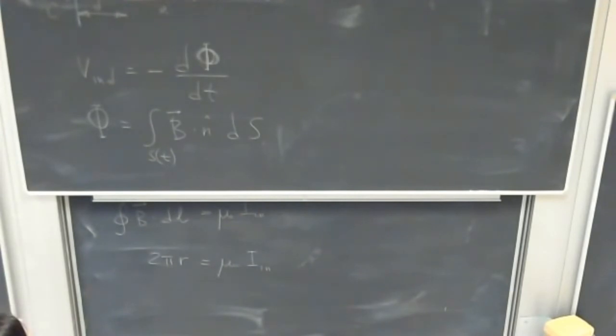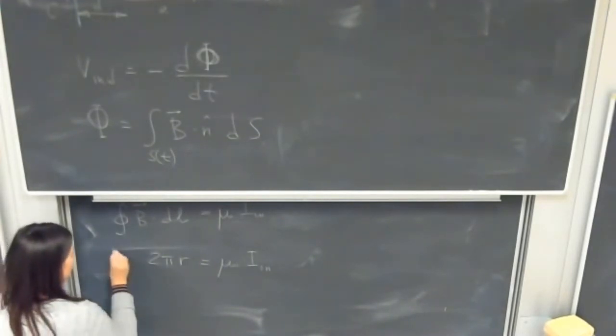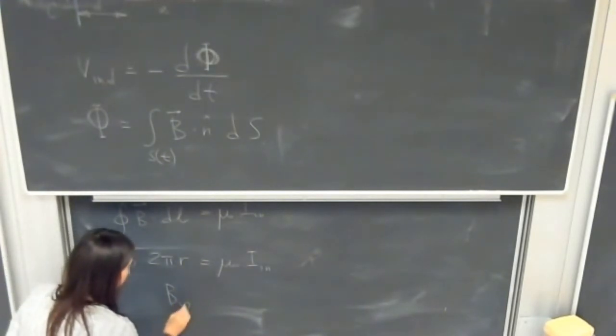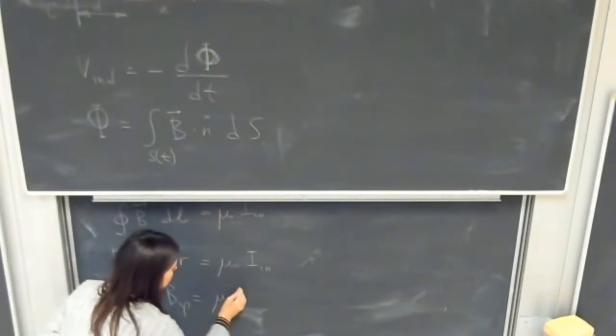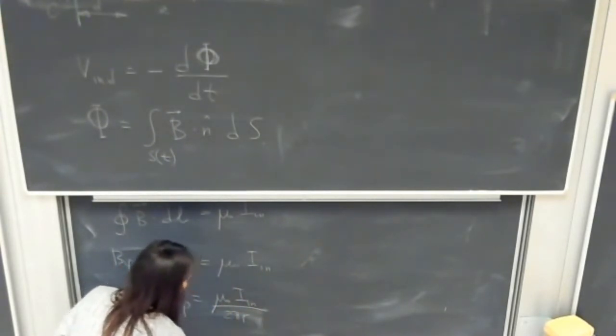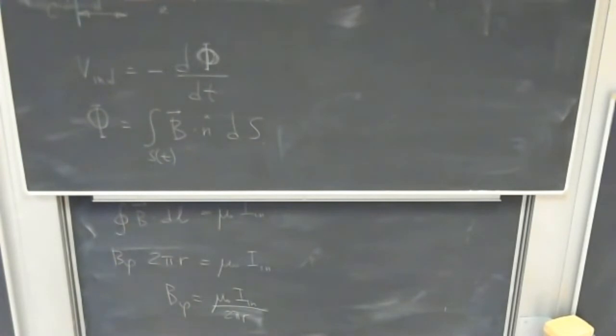Direction would be the phi direction, right? So it will be B phi, in the cylindrical system of coordinates. So we found the B.